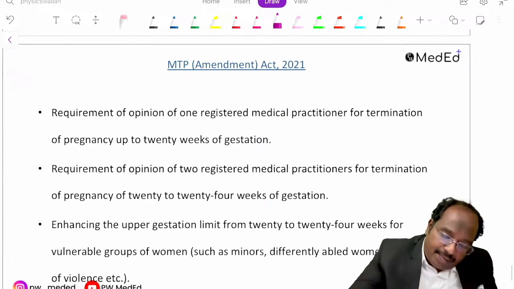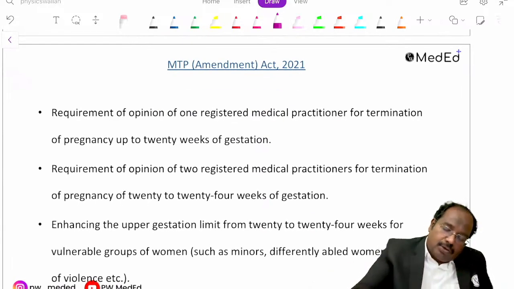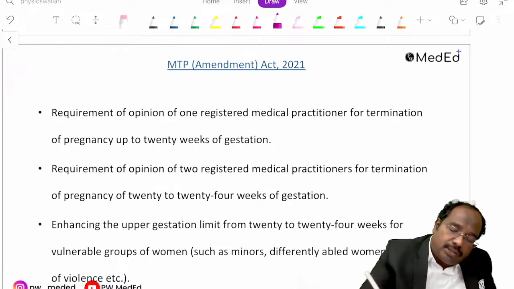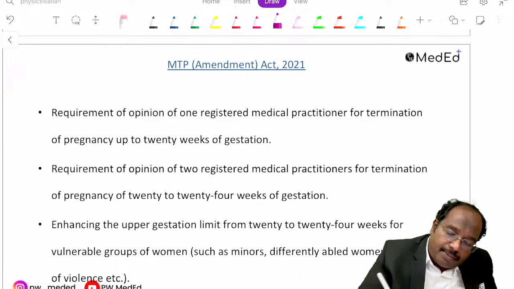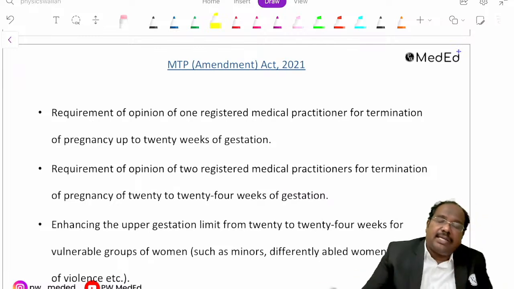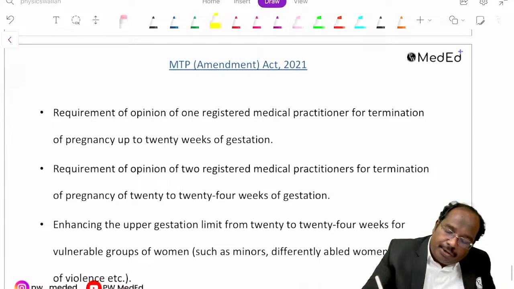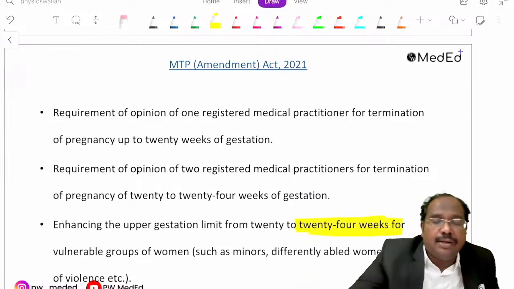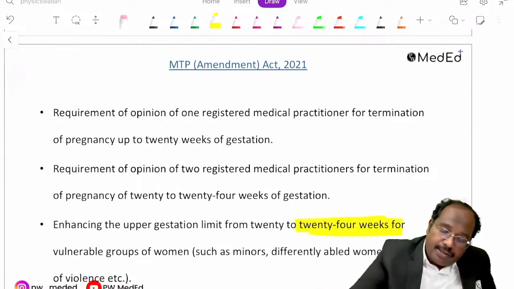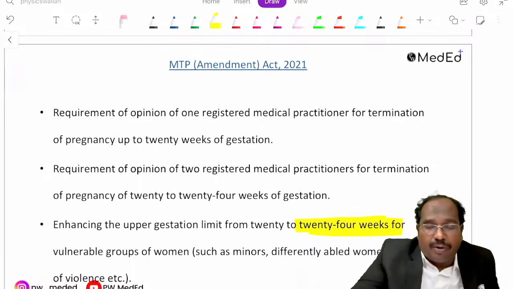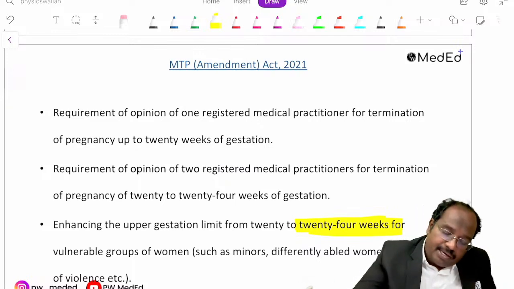And we have the MTP amendment. Under the Amendment Act 2020 of the MTP Act, previously MTP was done up to 20 weeks. They increased it from 20 to 24 weeks, especially for vulnerable group women. Previously, up to 12 weeks, one registered practitioner's opinion was fine.